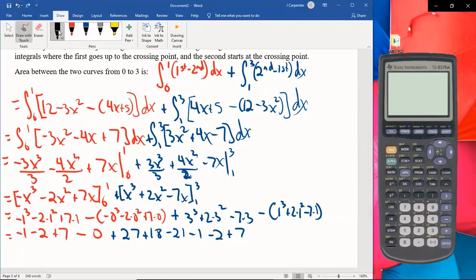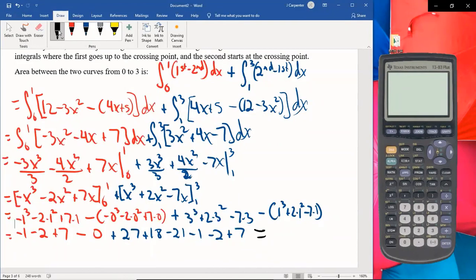All right, finally, let's do all of this combination. -1 minus 2, that's -3, plus 7 is 4, plus 27 is 31, plus 18, that's 23, minus 21 is 2. Wait, I did something wrong somewhere. I think I subtracted there, didn't I?